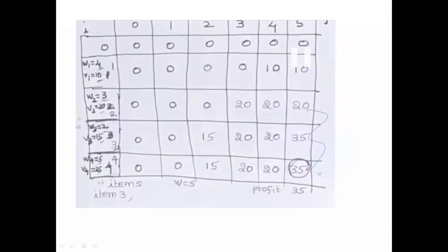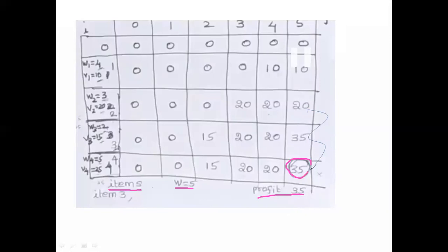So what is the total weight? 5. Yes, because for 0 to 5 capacity, the total weight is 5. So the maximum profit is 35. So write profit 35. This is the answer, profit. Now which items are we using to get 35? We have to find the items.